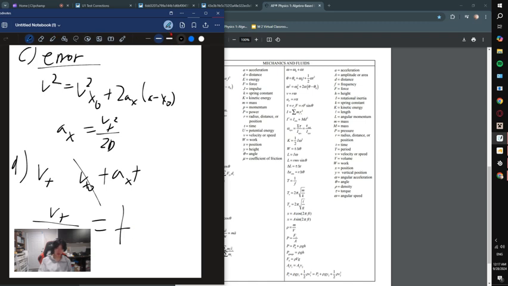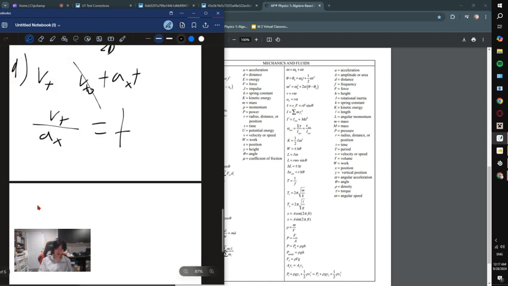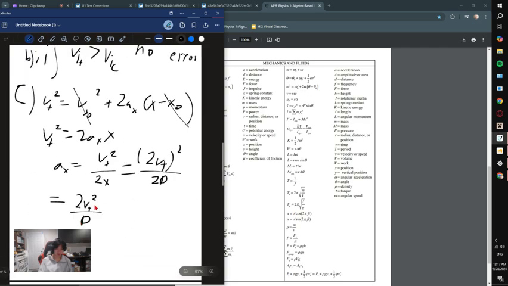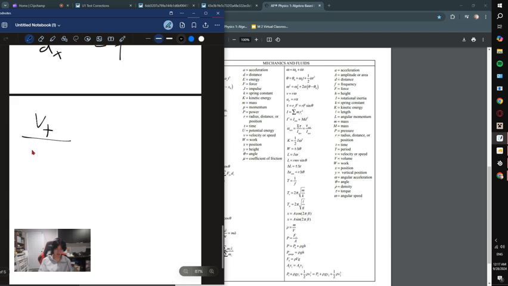Let's start a new page. V of T, substitute back in, which is 2Vt squared over d, equals T.